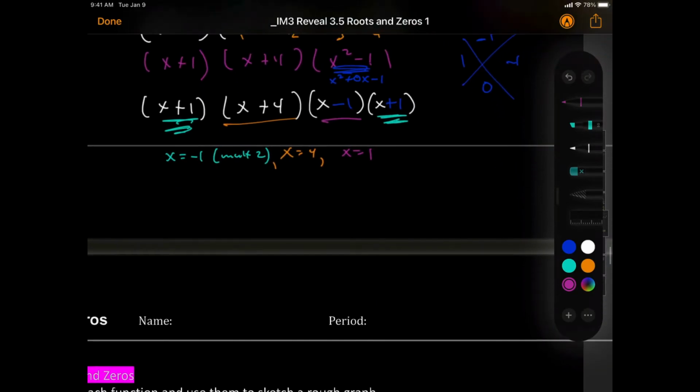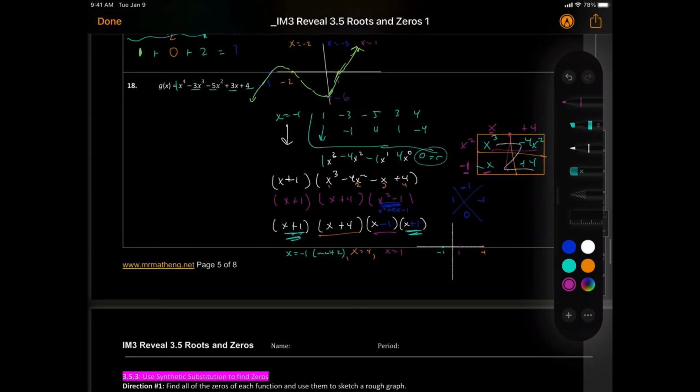So then we do the graph. Okay, let's mark these. X equals -1. X equals 4. And x equals 1. And what is our y-intercept?